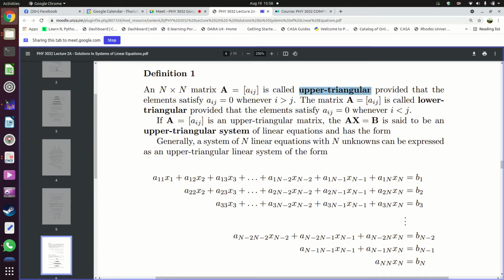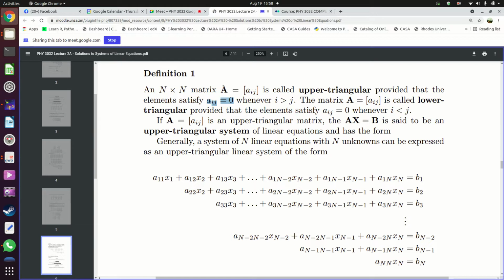Your matrix A with this Aij is going to be an upper triangular matrix if, for every coefficient Aij where i is greater than j, where the row number is greater than the column number, you set that coefficient equal to 0.